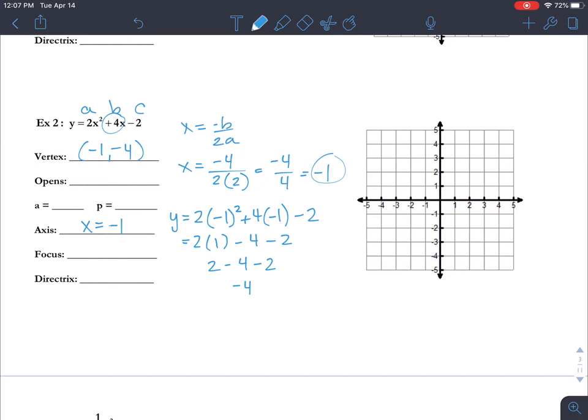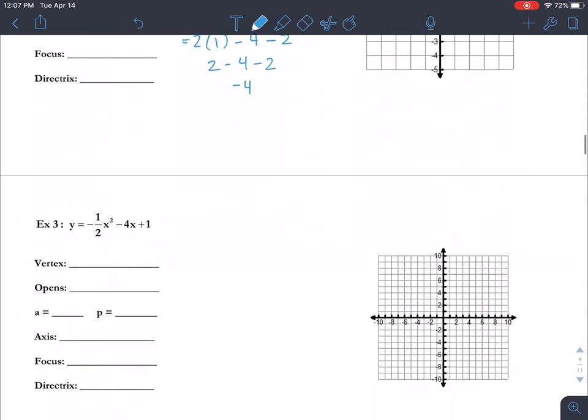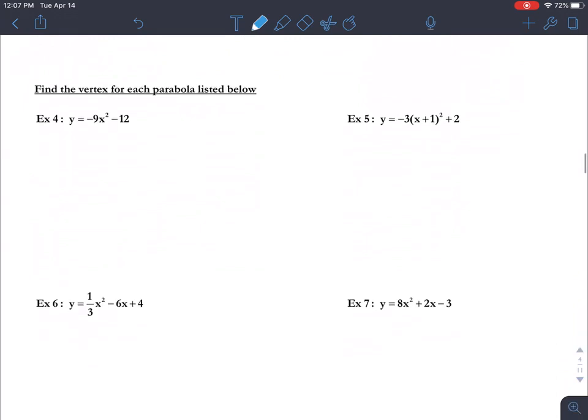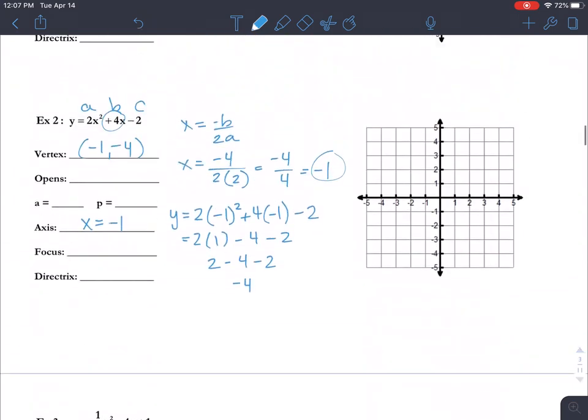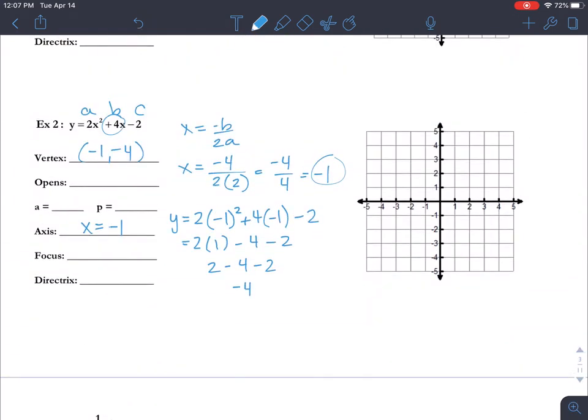If I ask you just in general, like if you take a look at examples down here and I just say, what's the vertex? Do you get to graph here? No. So the vertex could be something crazy like 1 comma 15, and that's fine. It doesn't affect how we graph it. Any vertex could exist in all of the rational numbers, so we're not going to worry about that. But anyways, if you're graphing, it should be something you're able to graph. So maybe check your work if it didn't work.